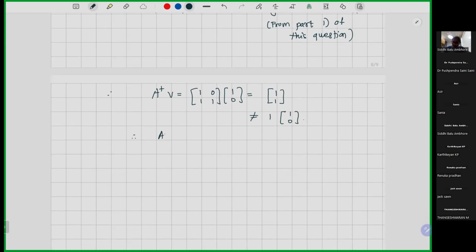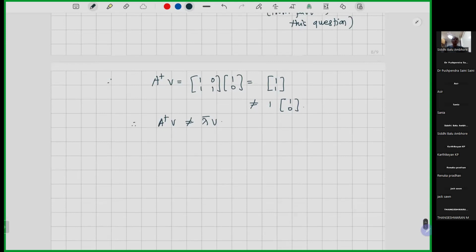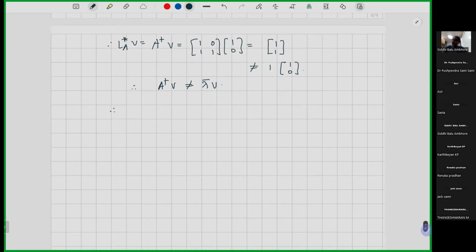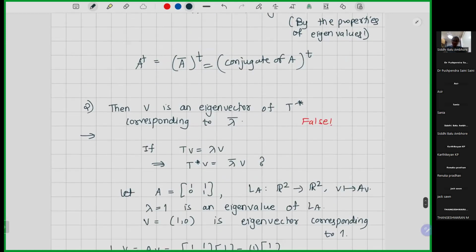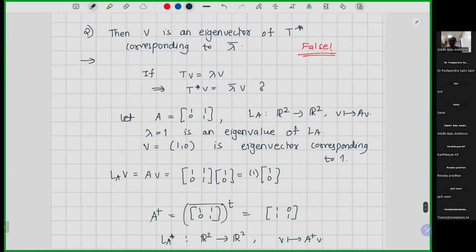So therefore A dagger V is not equal to lambda bar V, and this statement is not true. The same V does not serve as the eigenvector of lambda bar. So if V is an eigenvector of lambda for T, the same eigenvector does not necessarily work as an eigenvector for lambda bar of T star. I hope what I said was correct.